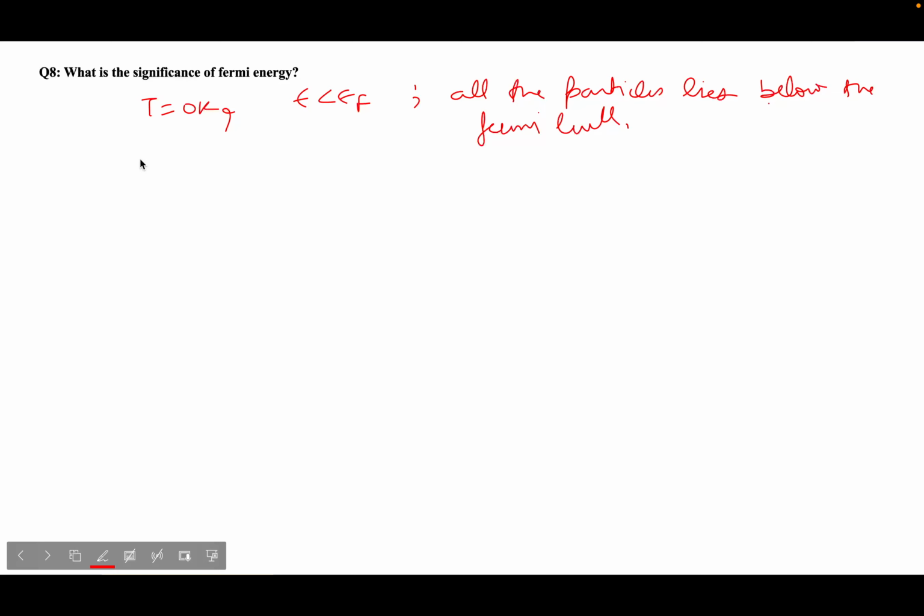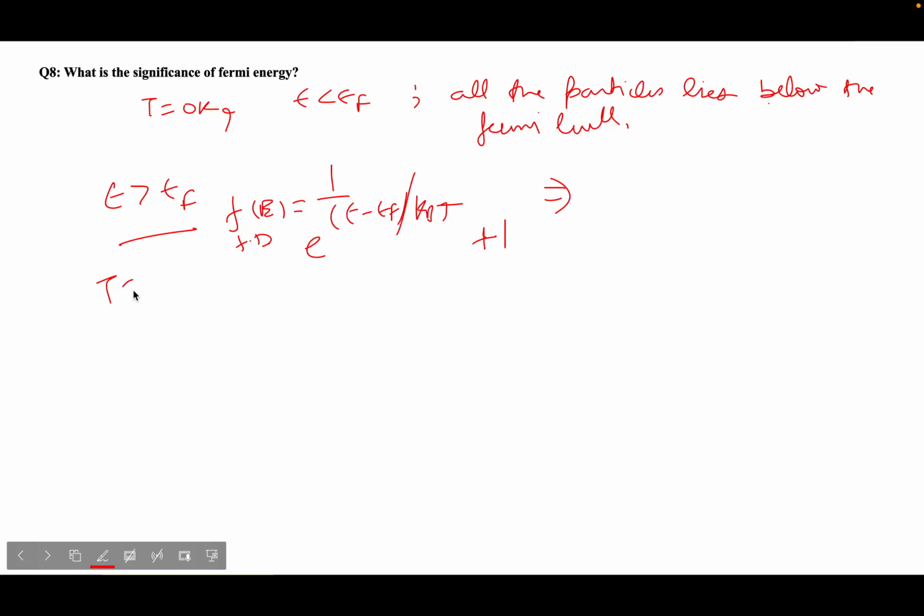So now for energy greater than EF, again we have E minus EF by kBT, plus 1 for Fermi-Dirac F of E. Now E greater than EF, this is positive and temperature T is equal to 0 Kelvin, so this is e to the power infinity plus 1, so this is 1 over infinity, so this is 0.